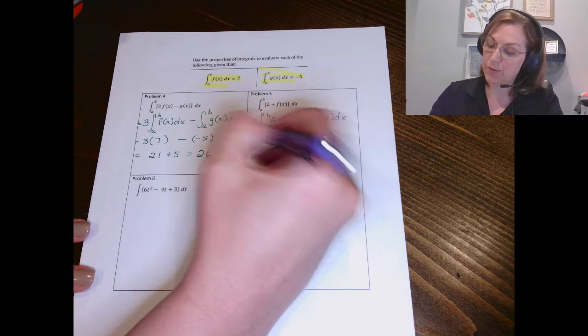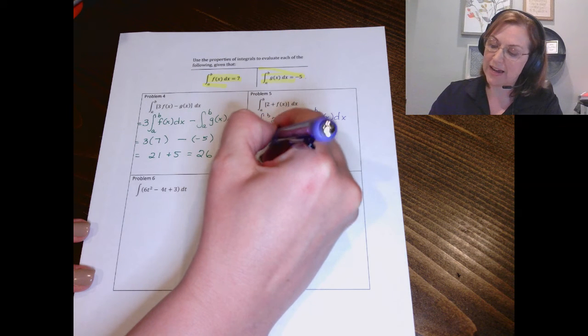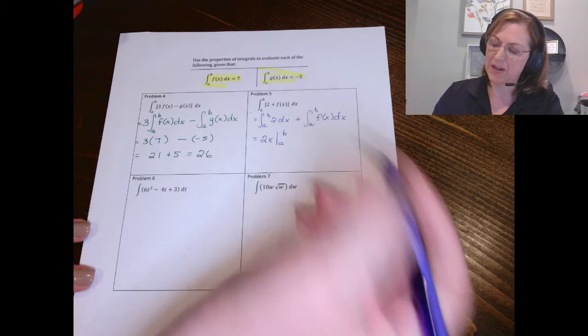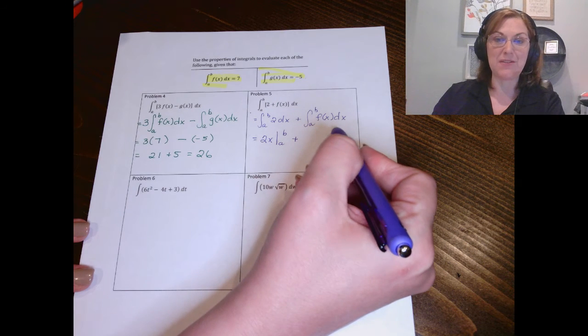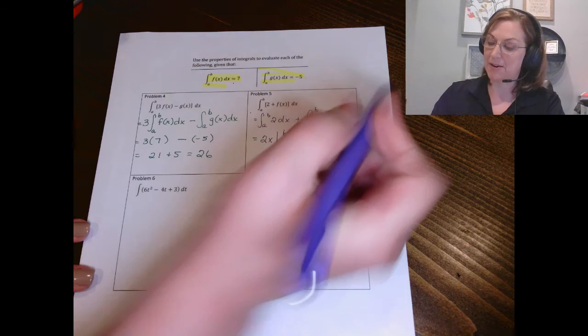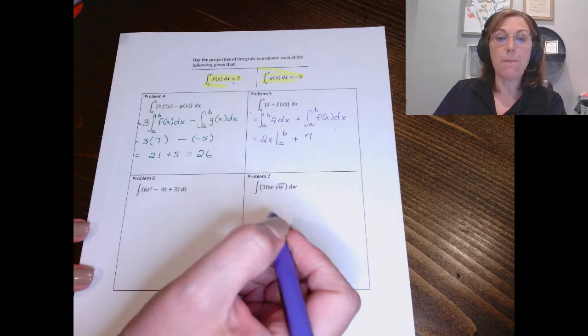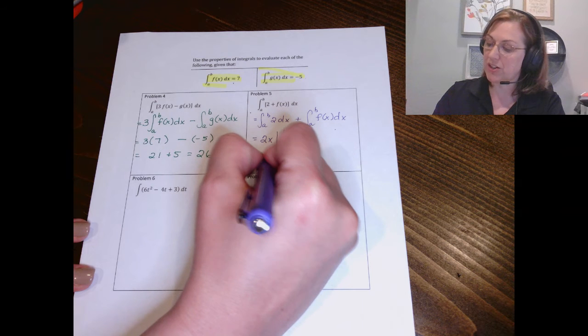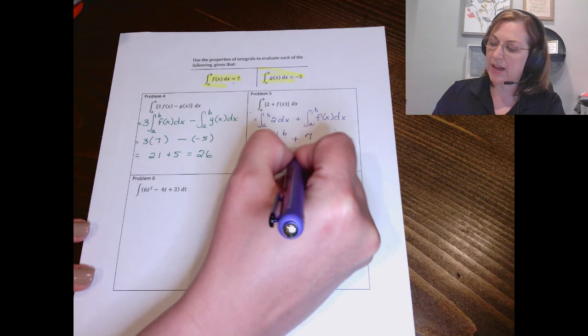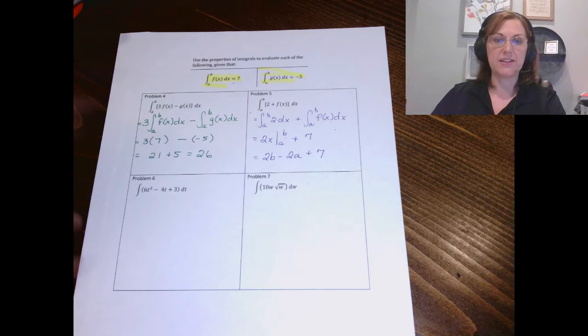So the antiderivative of 2 is 2x, but then you've got your bounds from a to b. And your integral from a to b of f of x, you know that's 7. Now put in your bounds. Don't forget, upper bound goes in first. So you've got 2b minus 2a plus 7.